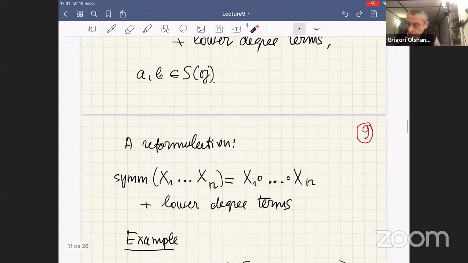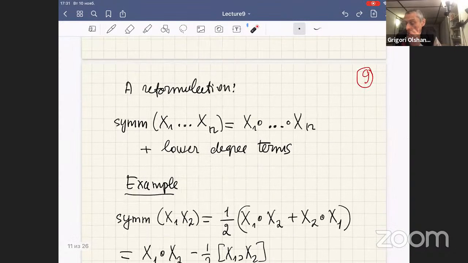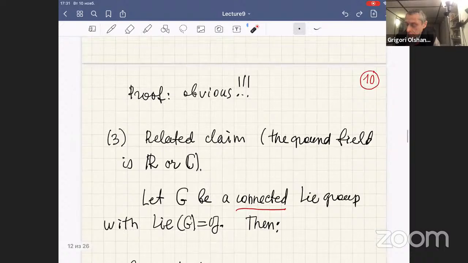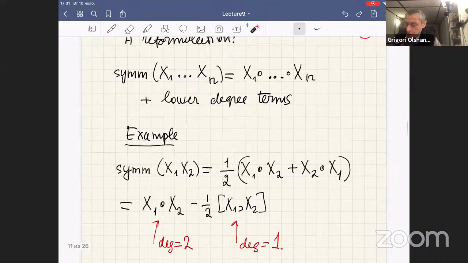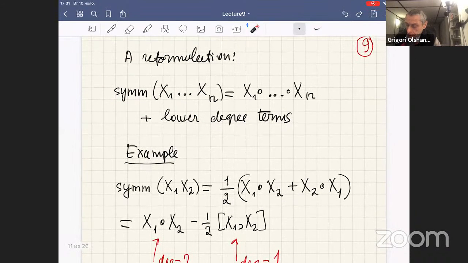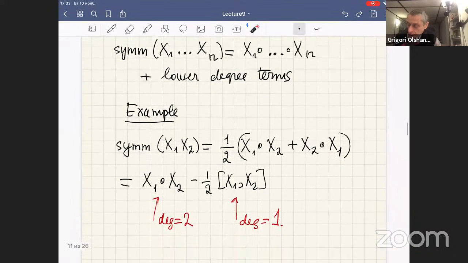And a reformulation of this property: suppose that we have some elements of Lie algebra and the symmetrization is equal to these elements up to lower degree terms. So this is an example. Here is an example. The image of a product of two elements is equal to this one, which can be written in this form.